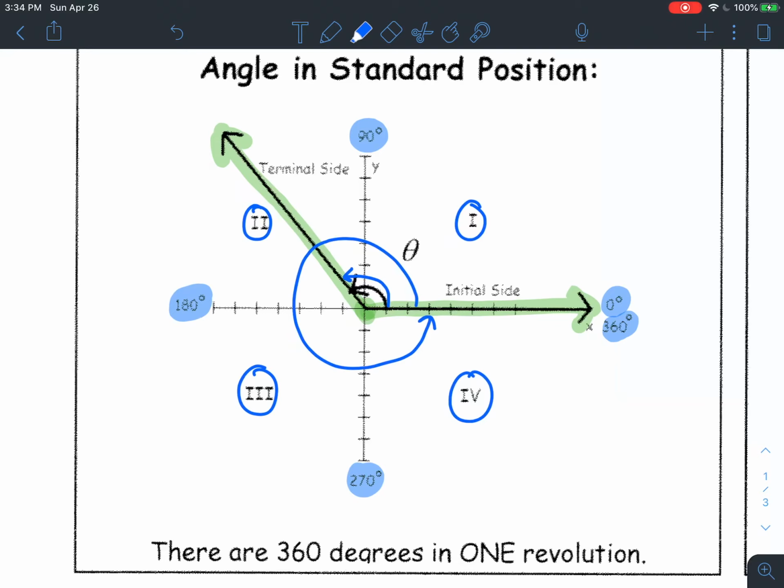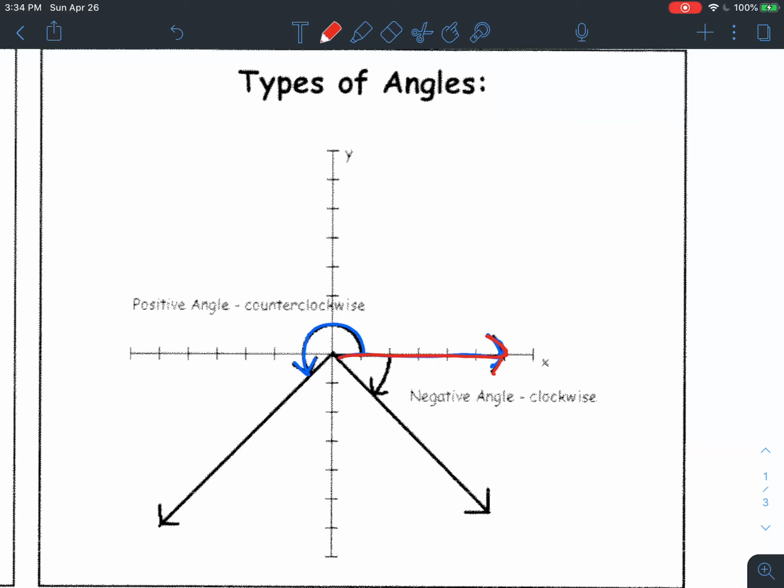Going in the counterclockwise direction, that would be a positive theta. If I went from my initial side, what I'm drawing now in red, if I go down from that initial side, that would be a negative rotation, so a negative angle. So we actually can now have both positive and negative angle measures.